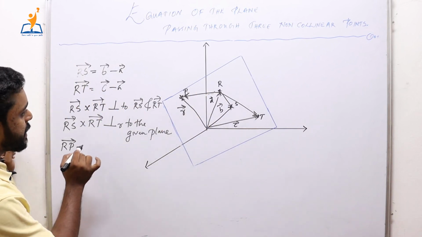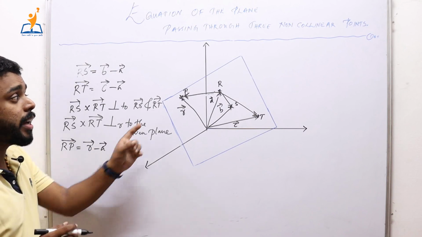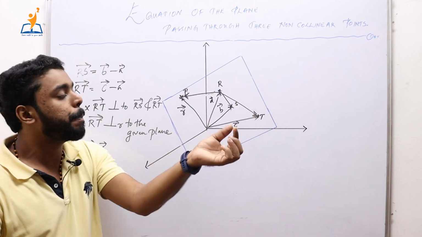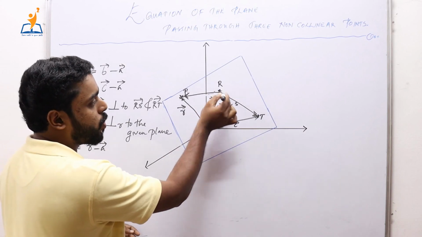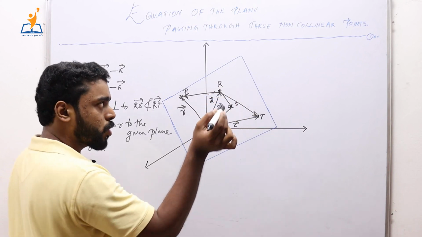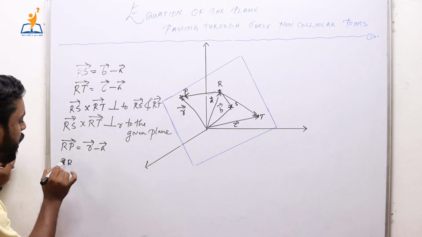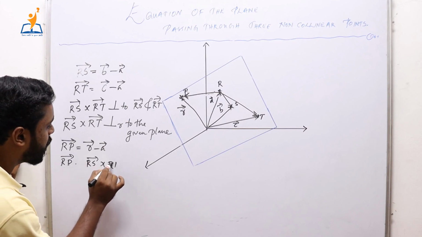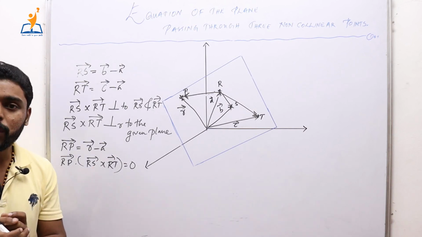Also observe that RP lies in this plane, whereas RS cross RT is perpendicular to this plane. It will be perpendicular to the plane, whereas RP lies in the plane. Therefore, we have RP dot RS cross RT is equal to 0, isn't it? Because these two are perpendicular vectors.